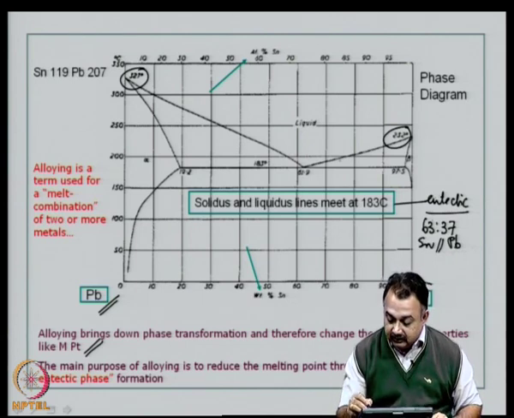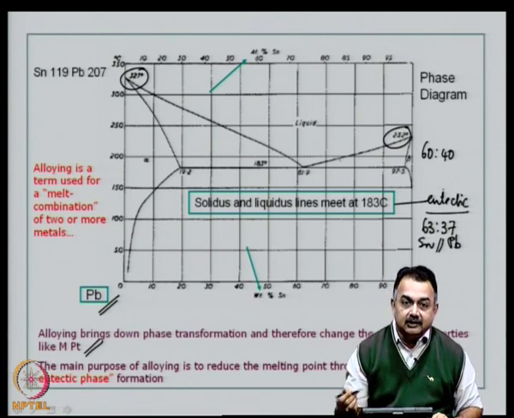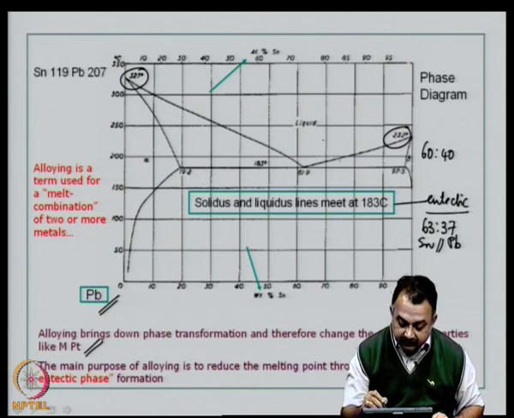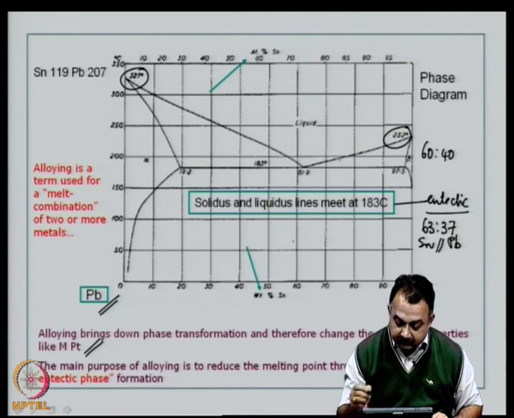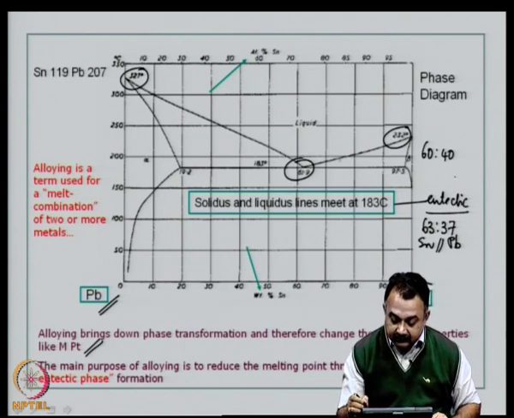There have been compositions like 60:40 tin lead, and high lead content or high tin content compositions have been used by the industry for various purposes or applications. This is the liquidus phase, and the bottom is the solidus phase, and you can see various compositions being formed. The eutectic temperature is 183, and the composition here will be 63:37.